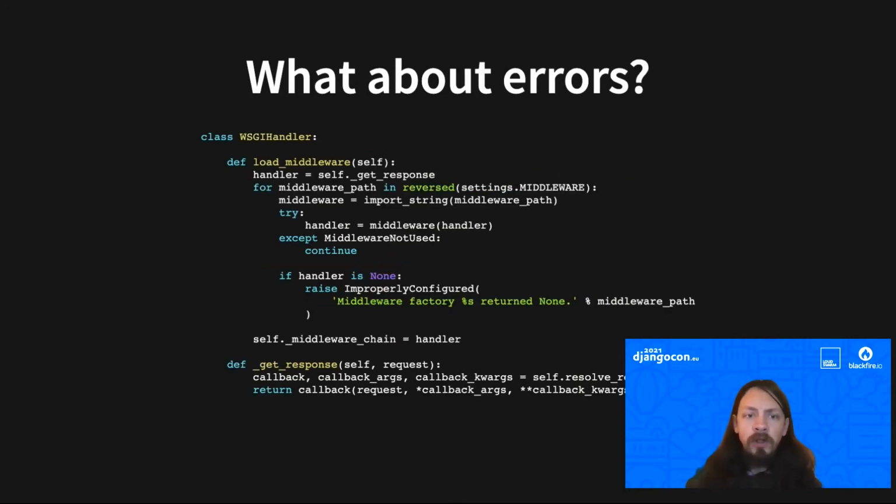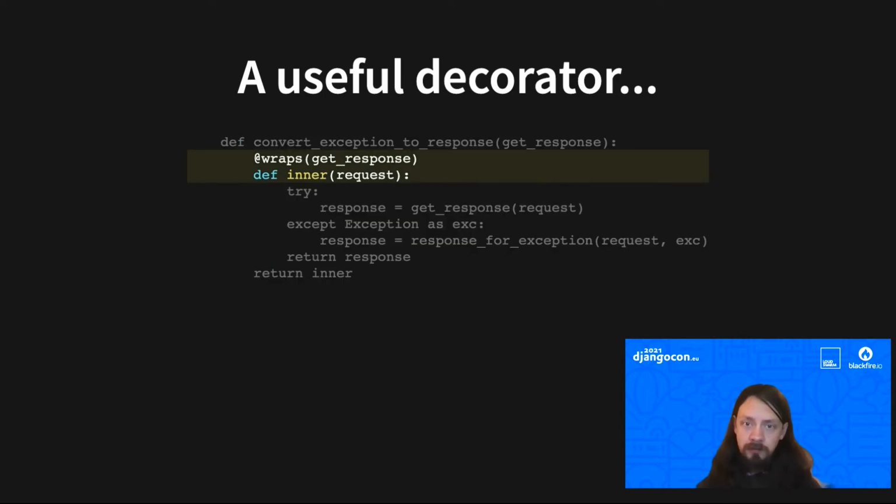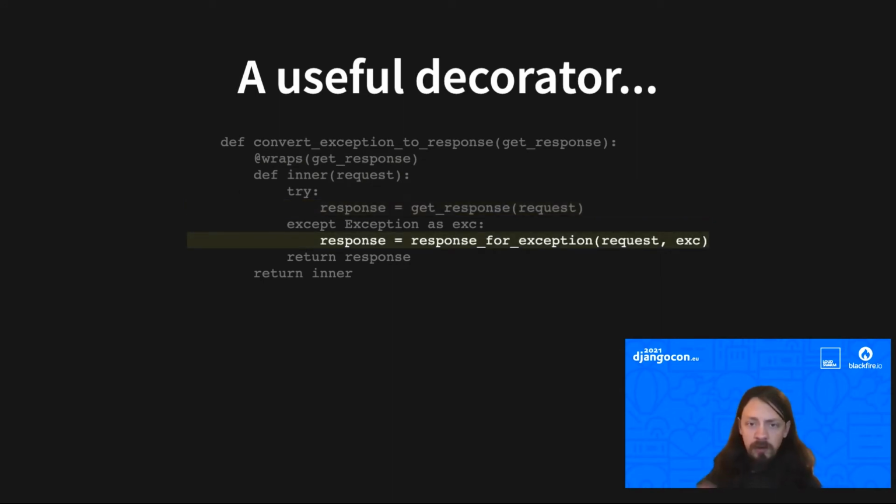Now, one thing that we've not dealt with so far are errors, and any handler needs to be robust and deal with errors well. Django provides us with this useful decorator called convert exception to response. And you can decorate a function, and if an exception happens within that function, what this response for exception does is it says, well, is that a 404 exception?